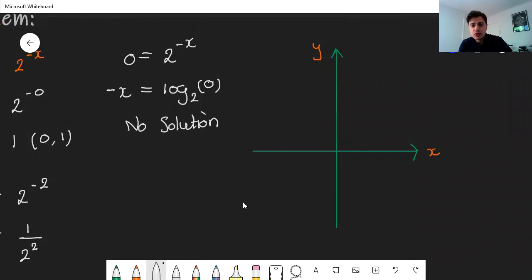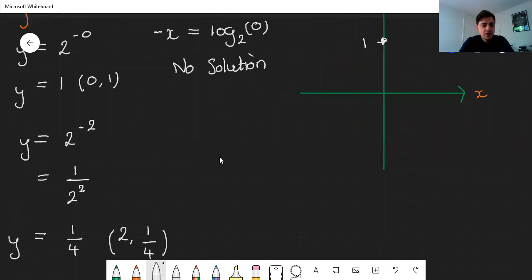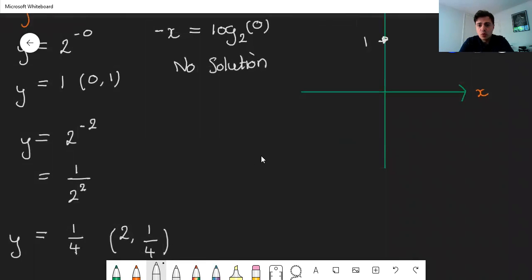Let's plot the (0, 1) again. I'm going to put the 1 a little bit higher up. Actually, maybe not that high at the moment. Here. And that's going to be the first intercept we can connect. The second coordinate, (2, 1/4).